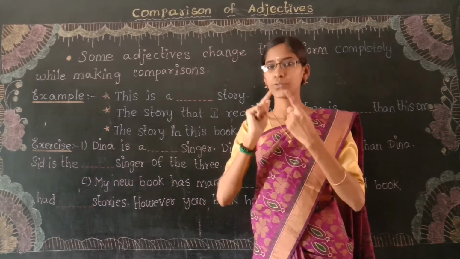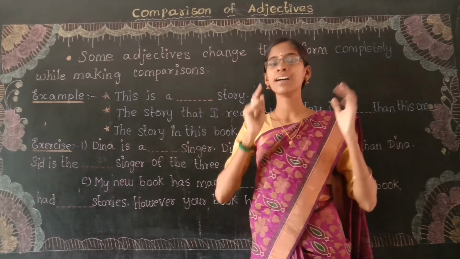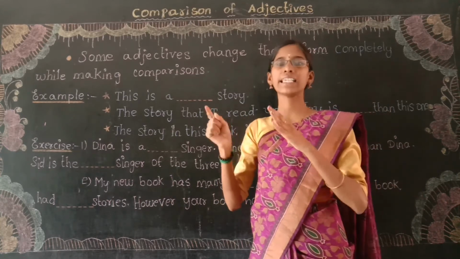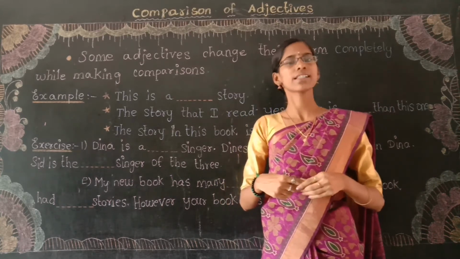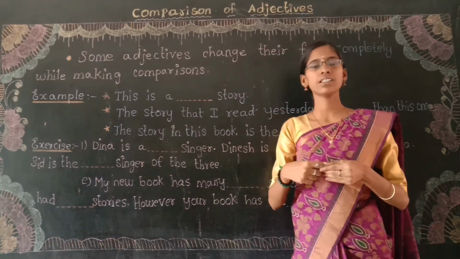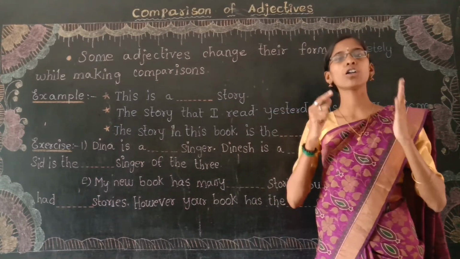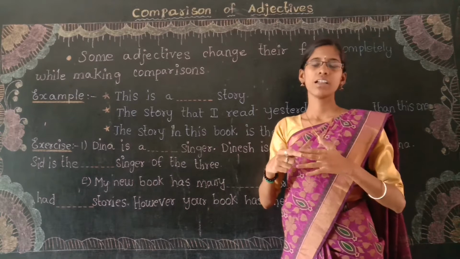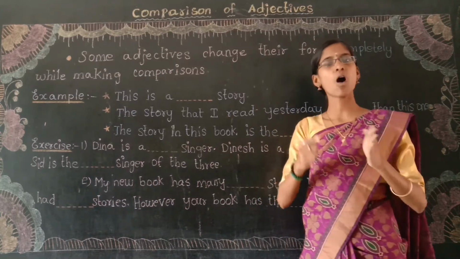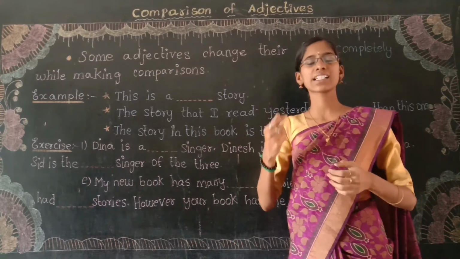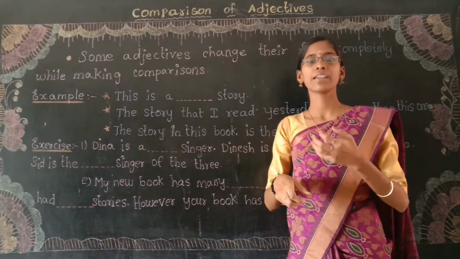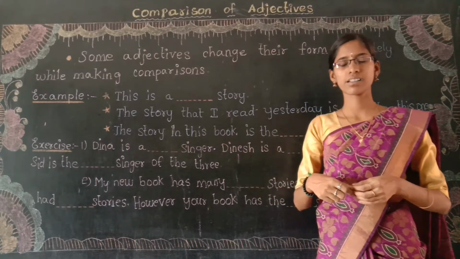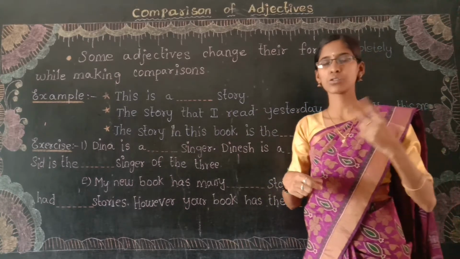So this is our first rule, that is adding er and est. And what is the second rule? The second rule is adding more or most, in the same way, less or least, to the adjective word while we are making comparisons. Right? So these are the two rules.